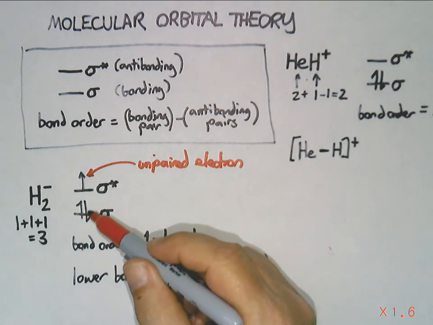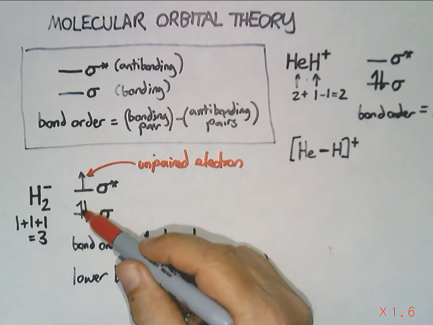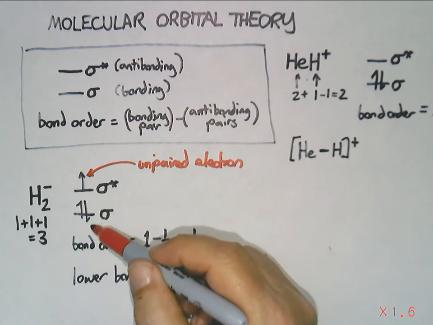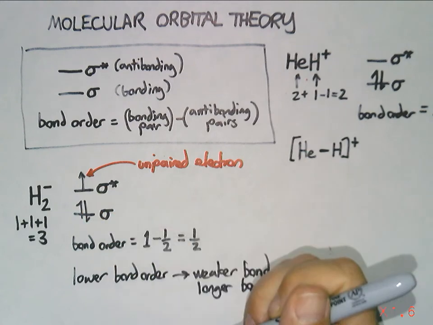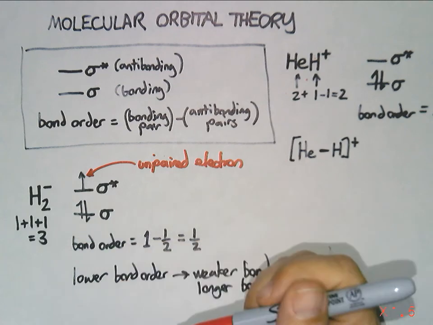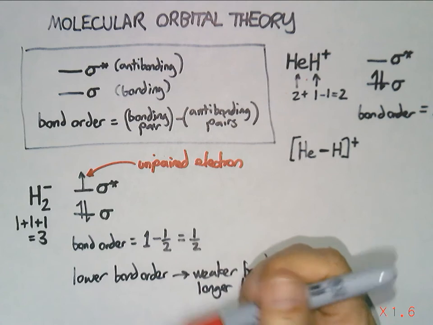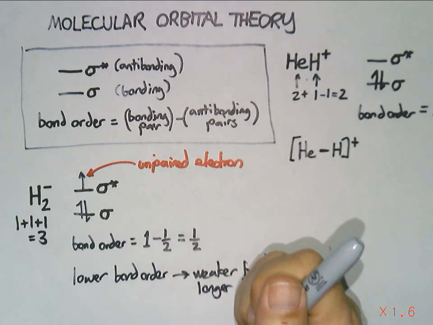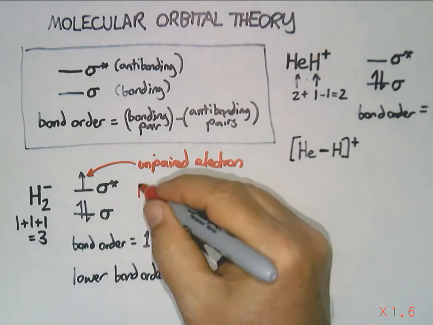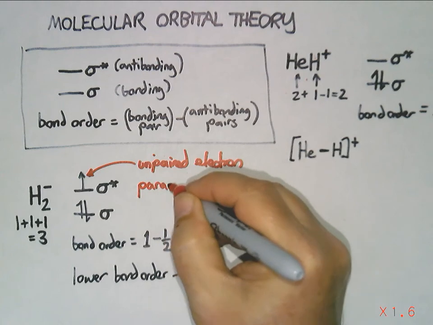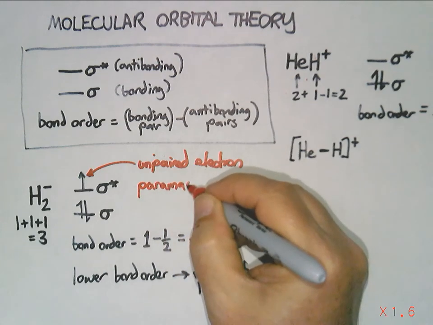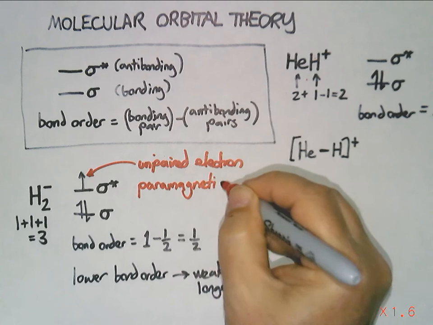These two have little magnetic fields around them, but they cancel each other out. One's going up and one's going down. This one doesn't have anything to cancel it out. And that means that this molecule is going to have a net magnetic moment, we say. It's going to be paramagnetic. If you have any unpaired electrons, your molecule is said to be paramagnetic.